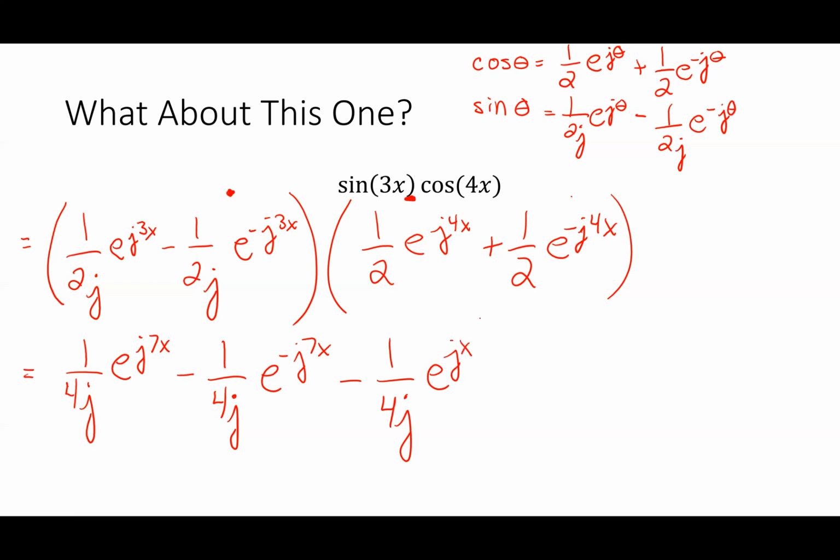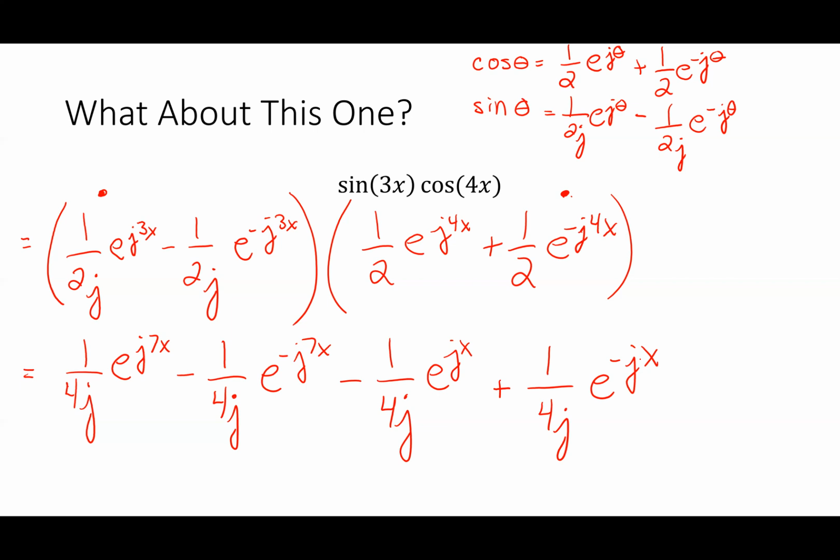And we got one left, and that one should be this one. You shouldn't do it the way I'm doing it. You should do it normally and then reorganize them, in the way that I'm about to do. This guy is going to be plus 1 over 4j e to the negative jx.